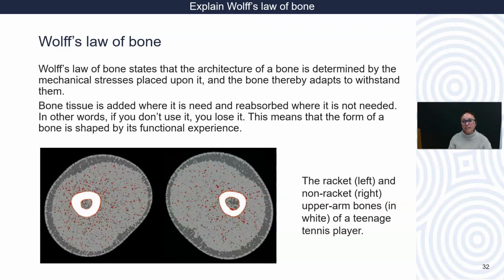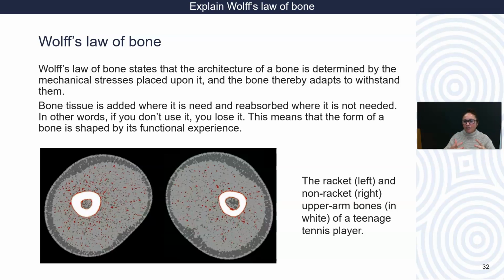Now, this is a really interesting concept, and I think it came from engineering, because it means that the way you use something will determine its structure, okay? The architecture of the bone, the structure of the bone, will be governed by what you do with it.